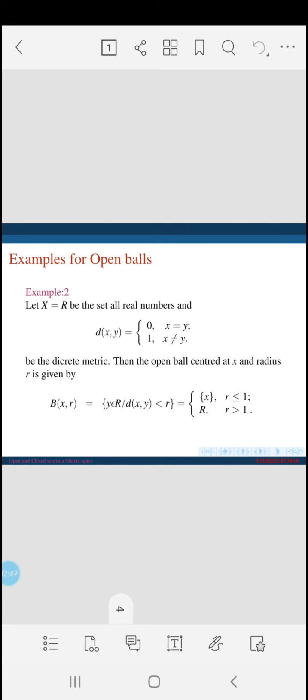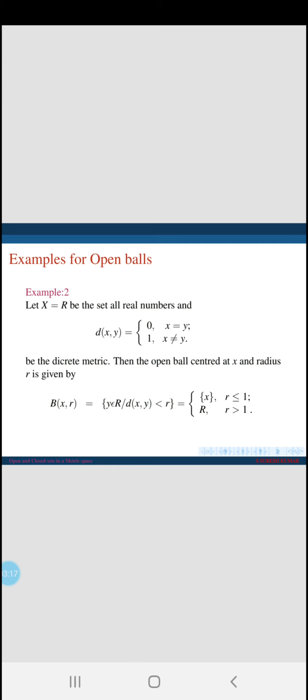Second example. Here again we consider X to be the set of all real numbers, but as the metric d we consider the discrete metric. That is, d(x, y) is equal to 0 when x equals y, and 1 when x is not equal to y. Then the open ball centered at x with radius r is given as follows.